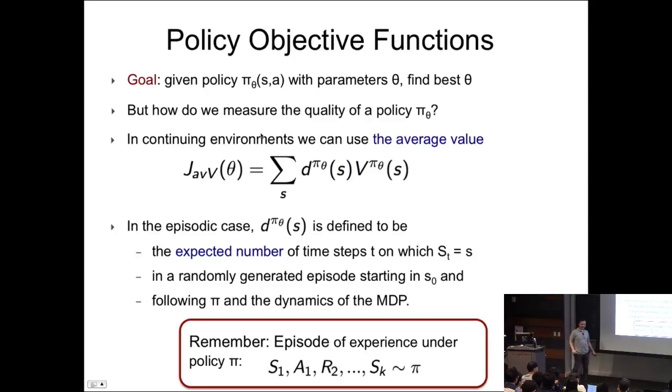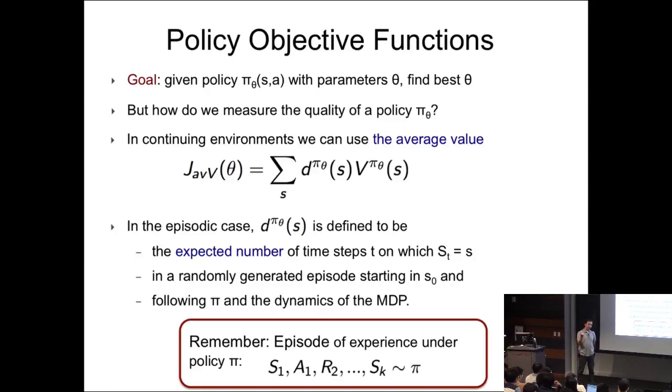And if you have a policy that doesn't go to the bad states, or goes to the bad states very infrequently, so the probability D here is very small, then it's okay. You want to make sure that according to your policy, the states that you're visiting, on average, have high value function. So that's the objective.